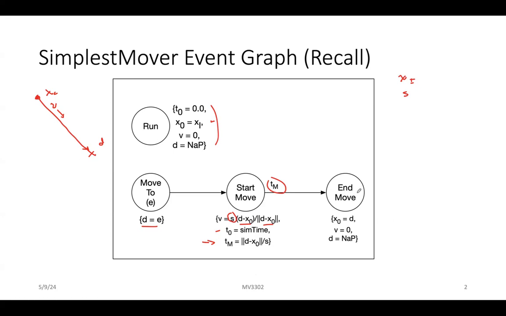Then when this end move occurs sometime later, we're now at the destination, our velocity is zero, and we no longer have a real destination. This last bit is sort of optional, given the way this all works.